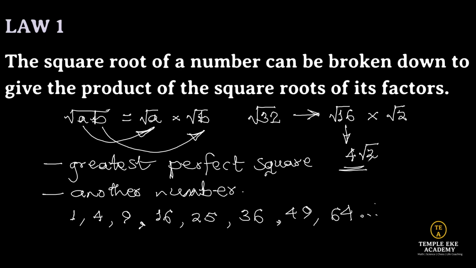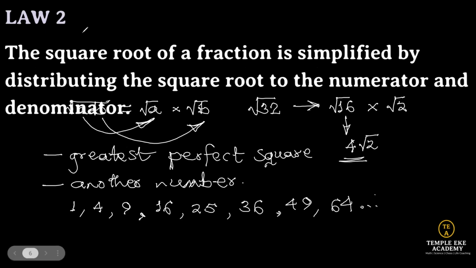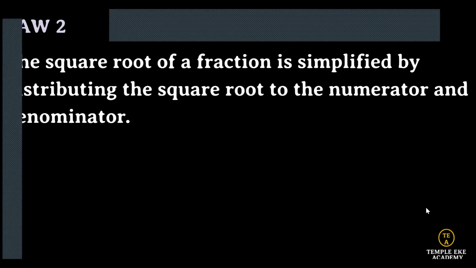All right. So this is the first law of surds. Let us consider the second law of surds very quickly. The square root of a fraction is simplified by distributing the square root to the numerator and the denominator.